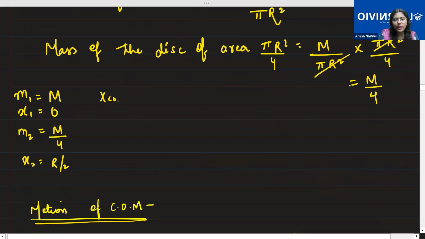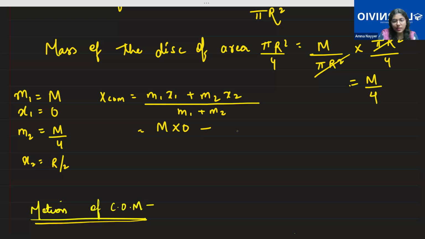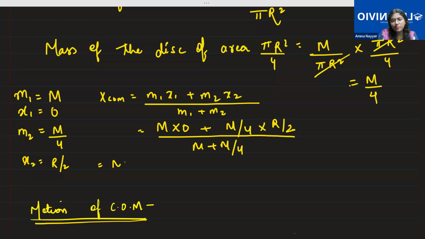Your X COM will be M1 X1 plus M2 X2 by M1 plus M2. So this will be M into 0 plus M by 4 into R by 2, divided by M plus M by 4. So this is 0, this is MR by 8, divided by 5M by 4.